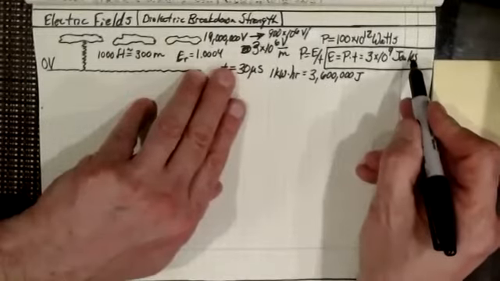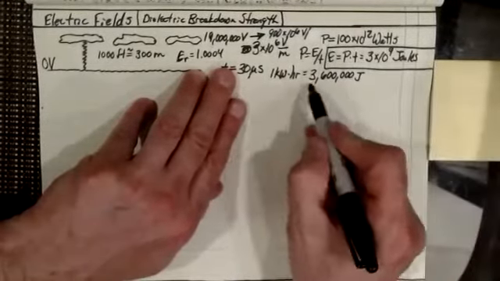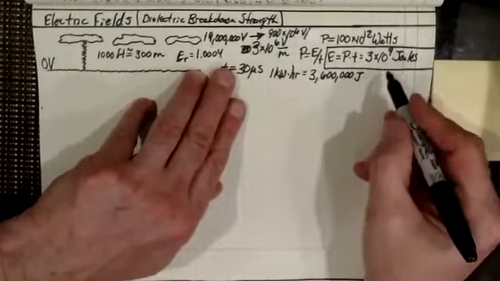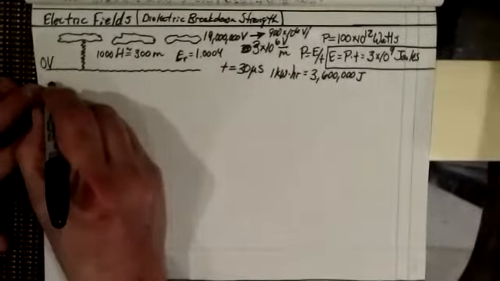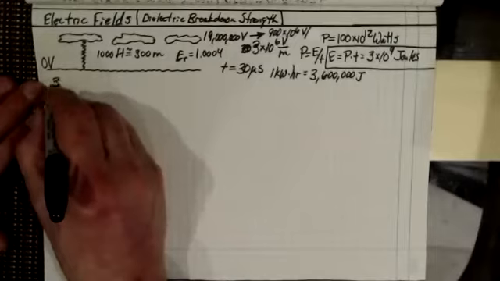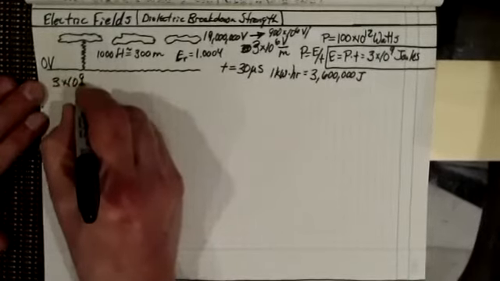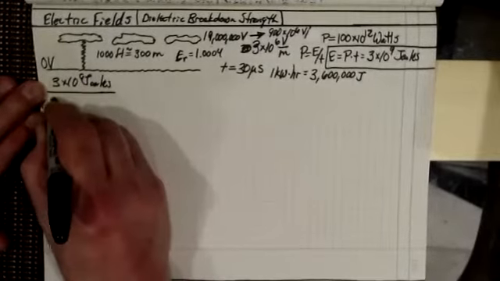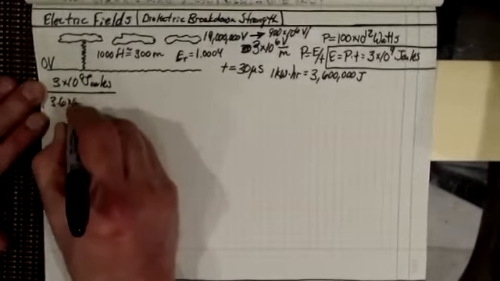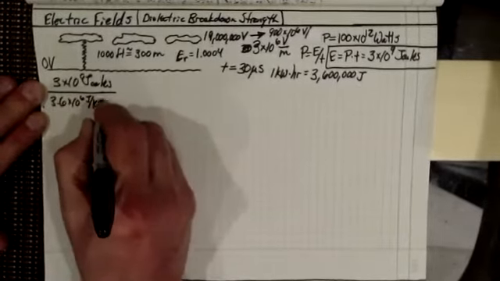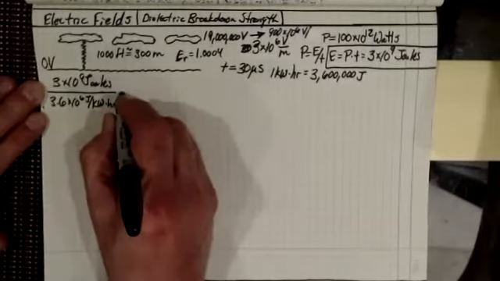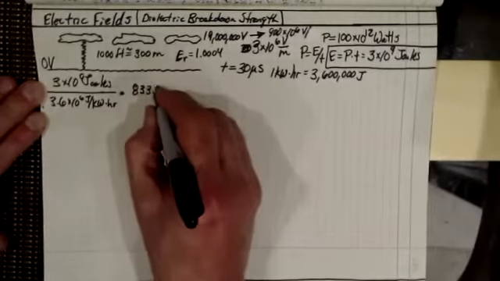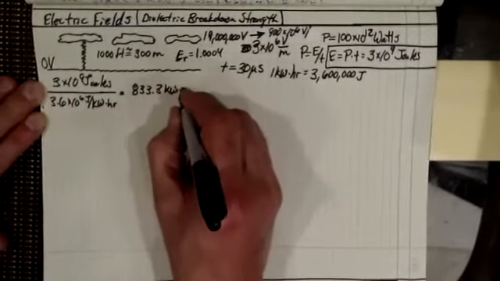Well, how many kilowatt hours are in a lightning strike? 3 times 10 to the 9 joules divided by 3.6 times 10 to the 6 joules per kilowatt hour equals 833.3 kilowatt hours.